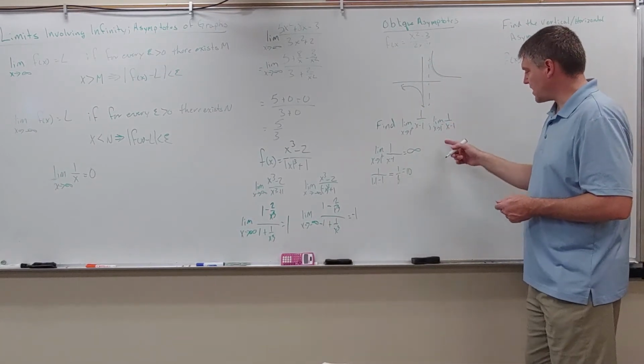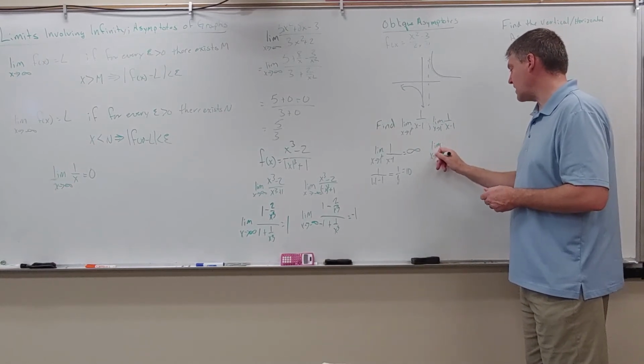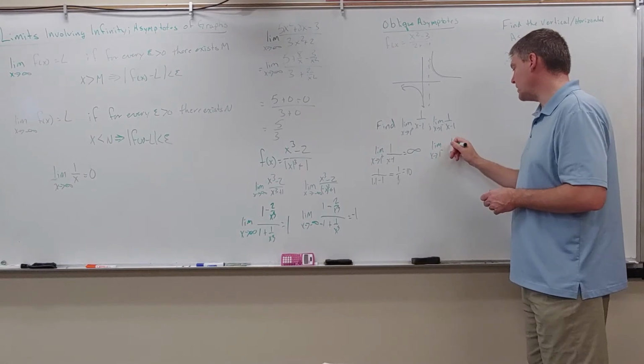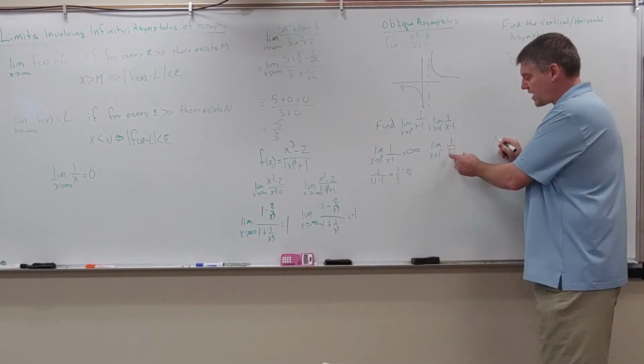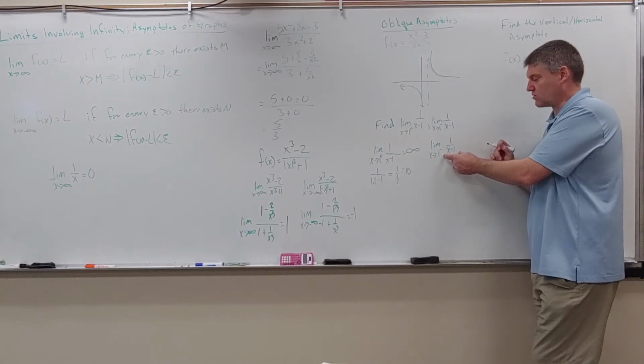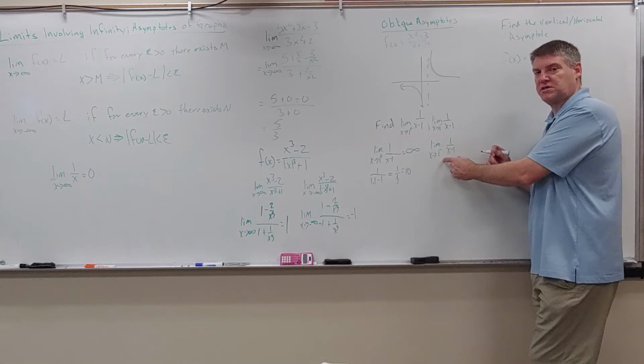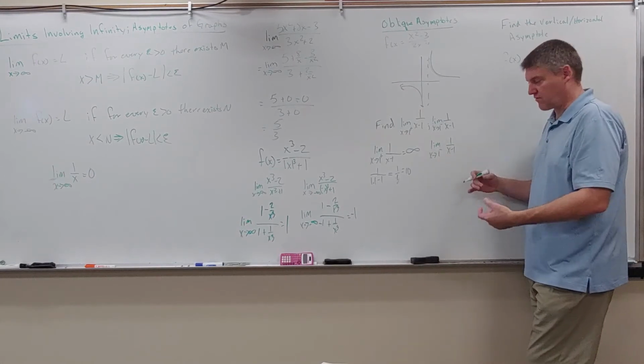Now in this one, I have values that are slightly less than 1. So what's going to happen in my denominator? My denominator is now going to be negative, so I have a positive number divided by a negative number, which is going to give me a negative number.